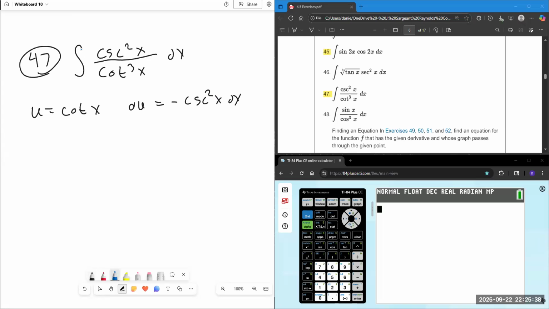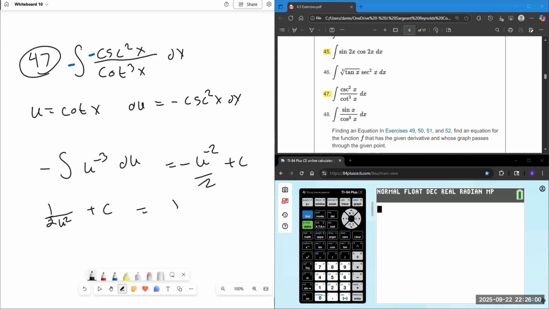So I want a negative and a negative, and that makes a negative integral of u to the negative third du. It's a negative u to the negative second over negative 2 plus c, a positive 1 over 2 u squared plus c. So 1 over 2 u squared is 1 over 2 cotangent squared x plus c.